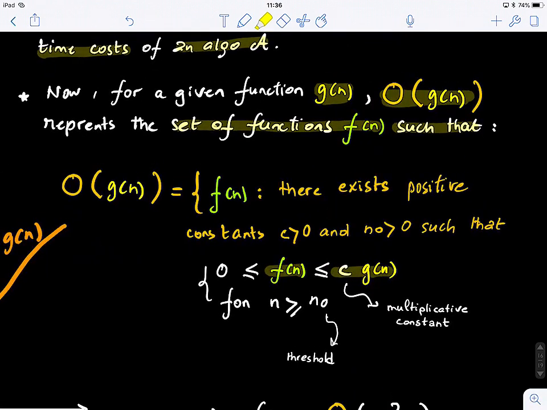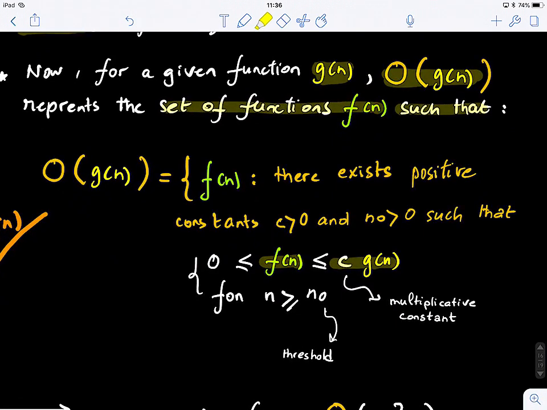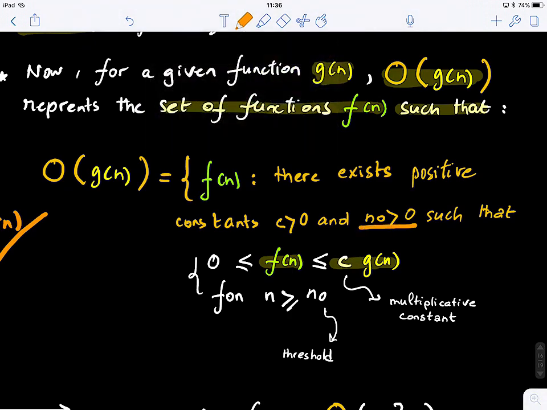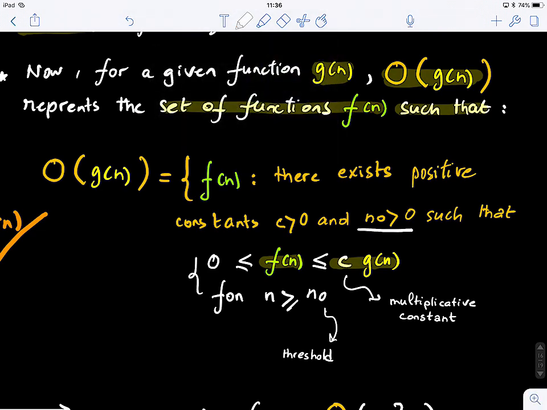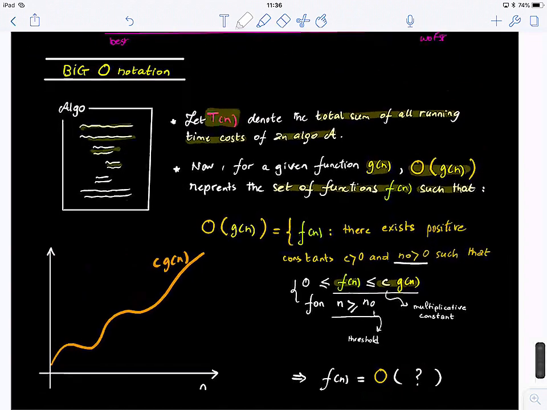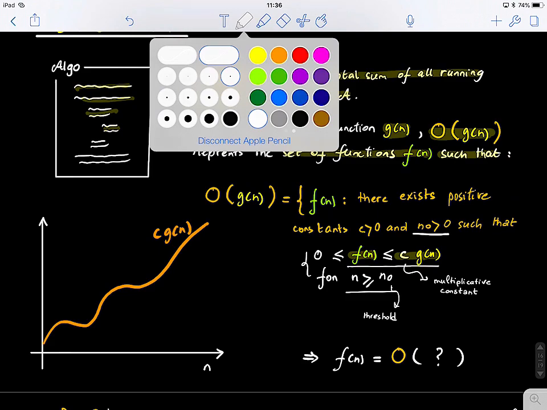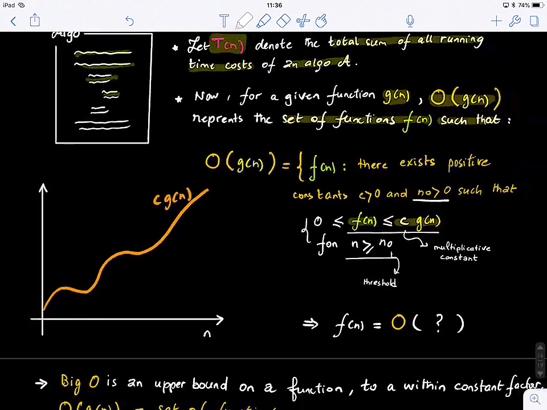We say f of n is in the order of g of n if we find a constant c and a positive number n0 such that when n is larger than n0, f of n always lies below g of n multiplied by a constant. So let's look at this case. Here I have plotted c times g of n. This is the curve I have. How can we visualize this?